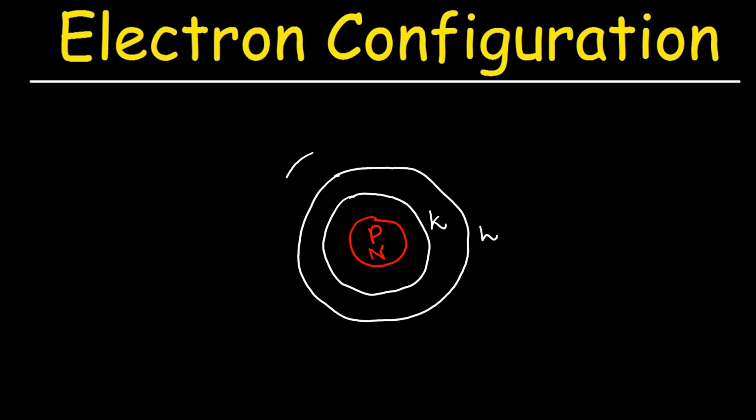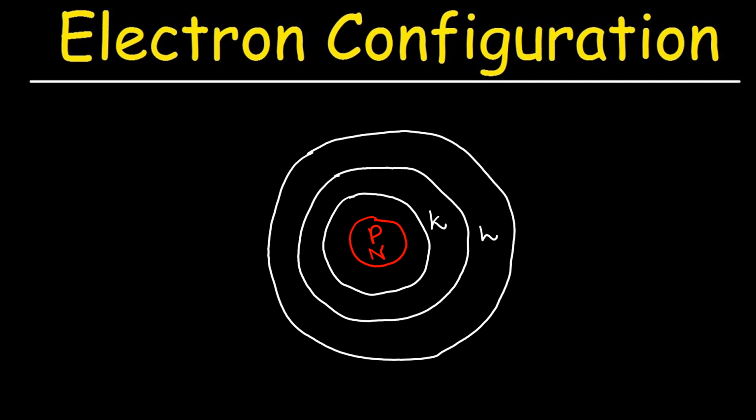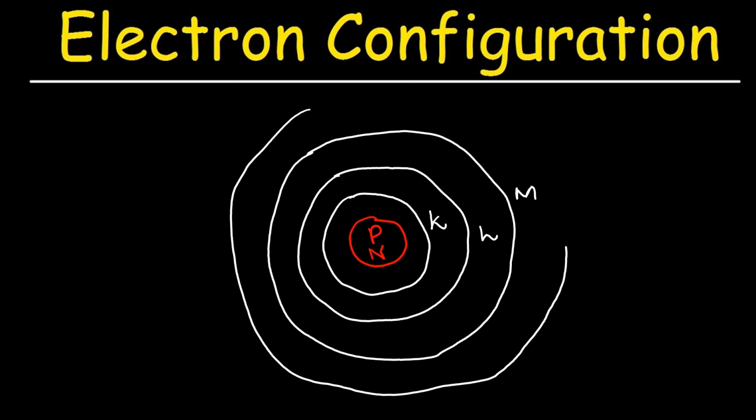The third energy level is known as the M shell, whereas the fourth energy level is known as the N shell. So the electrons in an atom are placed in these K, L, M, N energy levels.